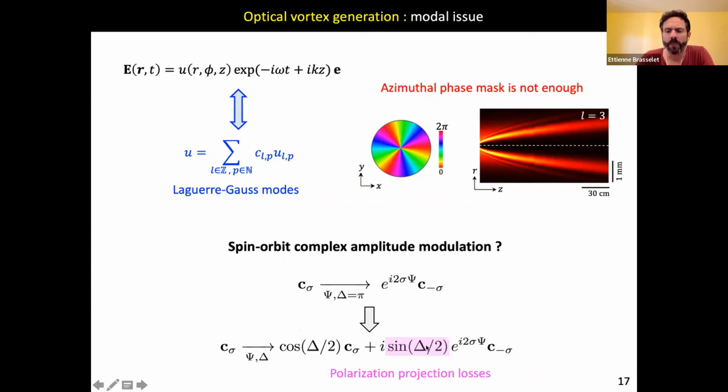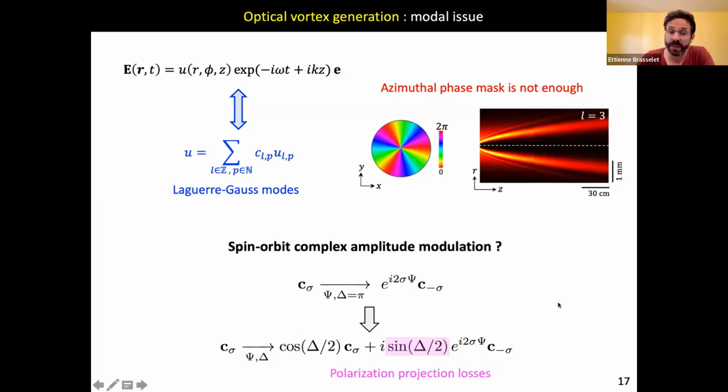If you use it in its most general way, you can shape the amplitude by simply shaping the level of anisotropy of such geometric phase optical elements. And by doing so, if you are only interested in a given circular polarization state, the one that experiences the geometric phase, then you can also modulate the amplitude.